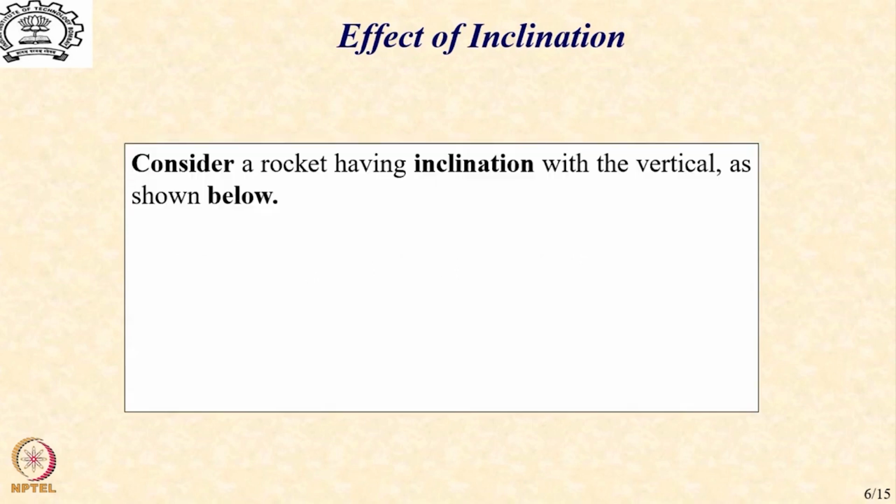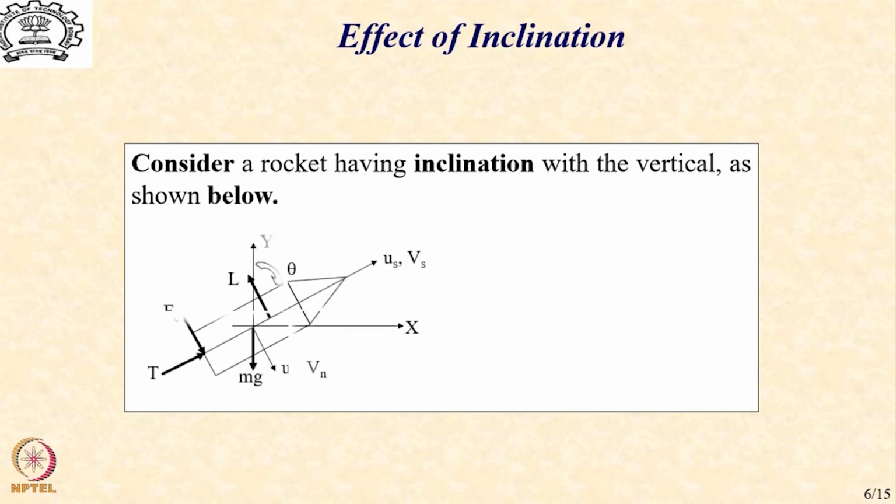In order to do this, let us create a simple schematic as shown below. So we have an instantaneous image of a rocket inclined with respect to a local x-axis and has an angle theta with respect to the local y-axis.